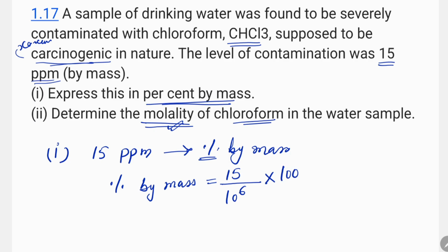So that comes out to be 15 into 10 raised to power negative 4. In scientific notation, that is 1.5 into 10 raised to power negative 3 percent. This is how you convert parts per million into percentage.